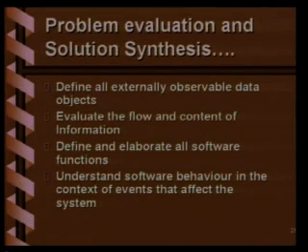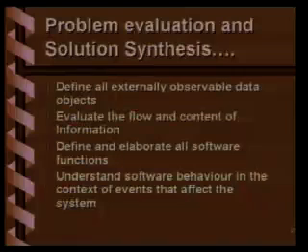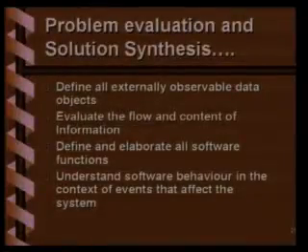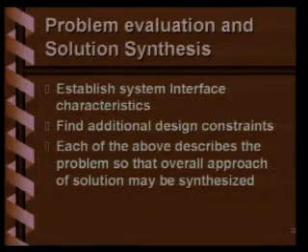If we closely look at these four things, we are trying to point to some modeling features. Okay, what are those? Very shortly we will talk about that. Next is establish system interface characteristics. Find additional design constraints.